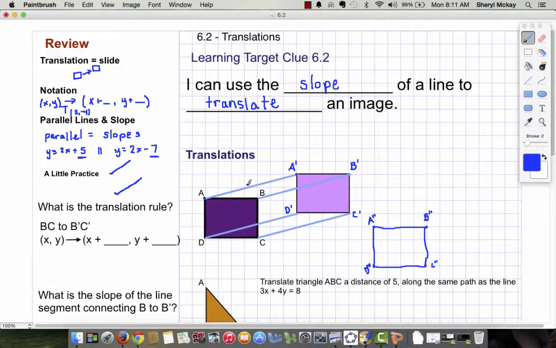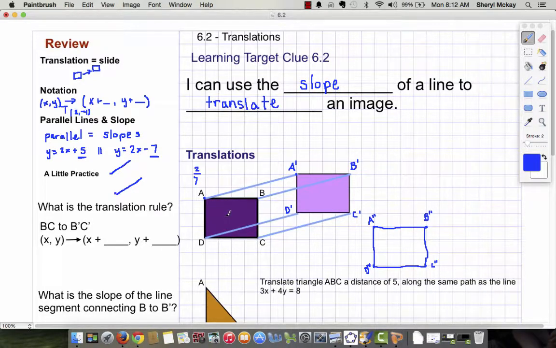Just count up 1, 2, so it's up 2, rise over run, and over 1, 2, 3, 4, 5, 6, 7. Up 2 and over 7. So it is 2/7 is the slope of A to A prime.